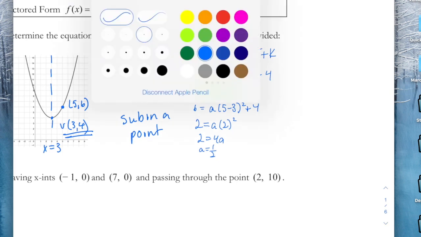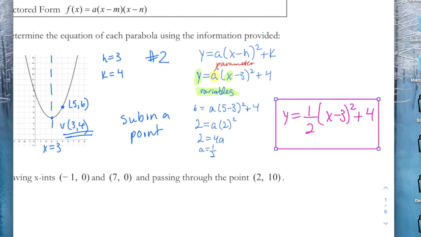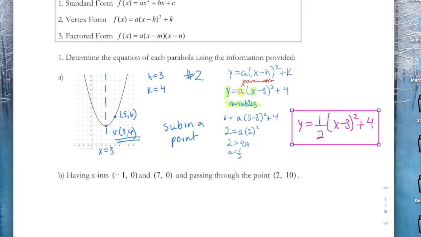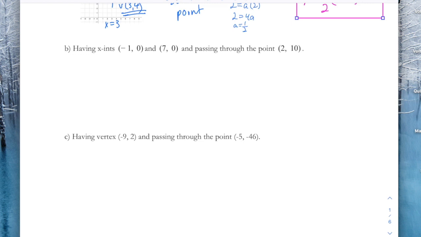And then I should write this in a final form. So I know that y equals 1/2 (x - 3)^2 + 4. If I want, I can do a check by subbing in another point on the graph, but right now I don't think that's necessary. So let's take a look at B.